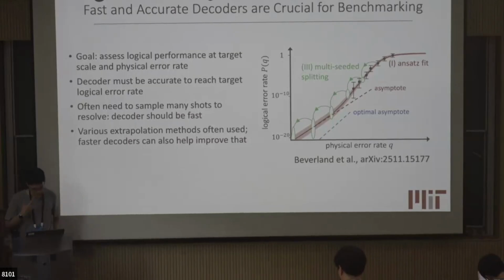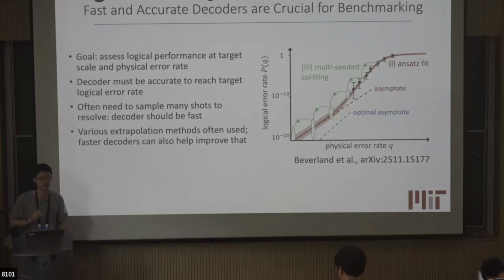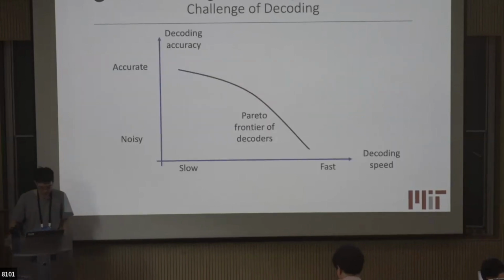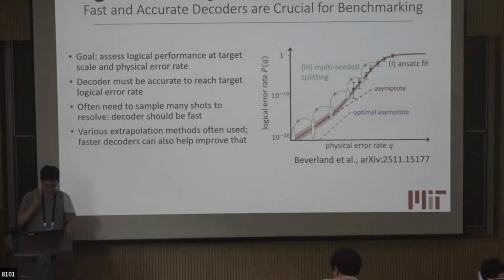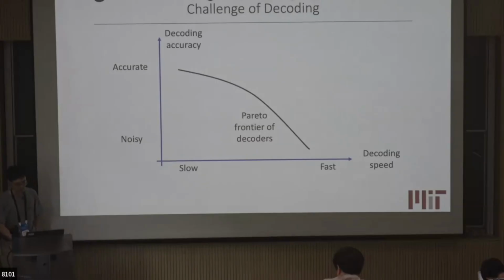So we wanted to be as rigorous as possible here and directly characterize the error, not basing any estimates on extrapolation. What we did was directly simulate this and sample error events. If we think about the challenge of decoding, there's a very natural Pareto frontier of performance.